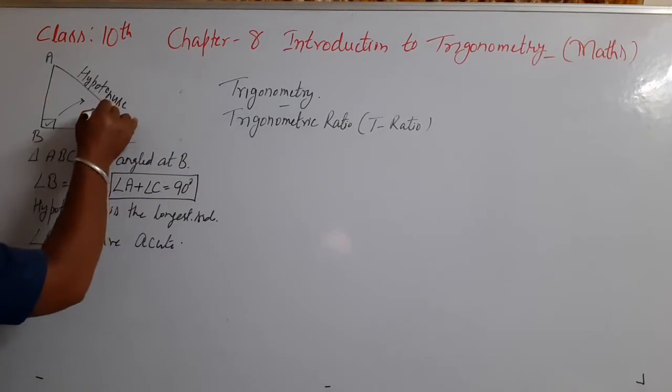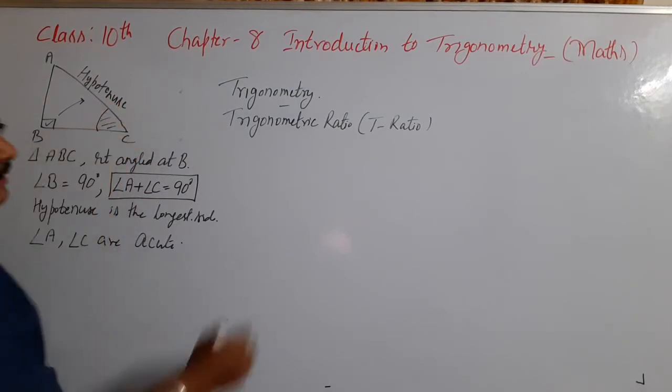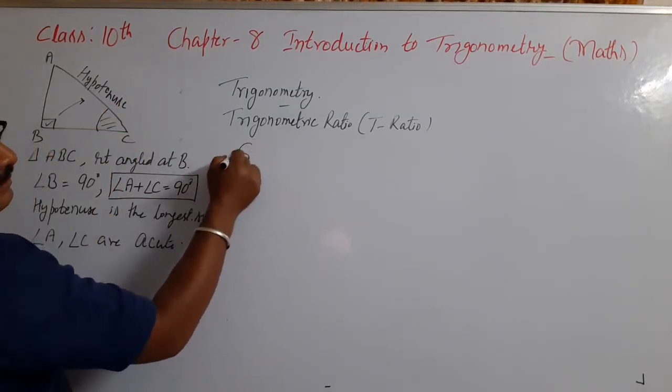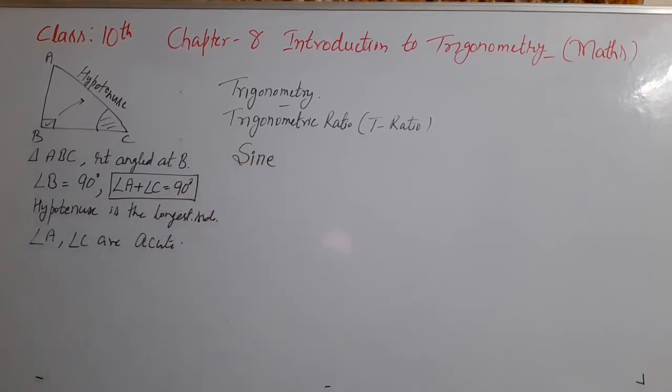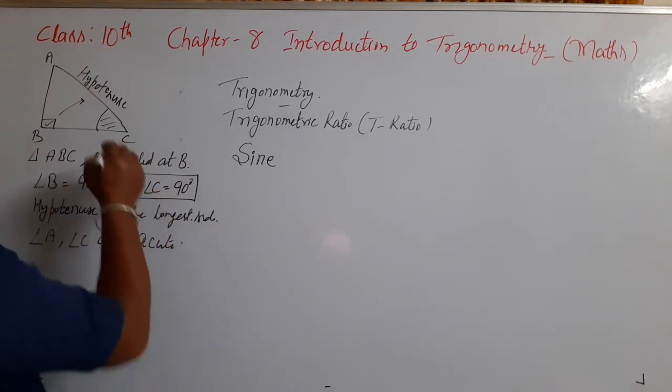I am taking acute angle C. Sine is the first trigonometric ratio, and we always find a trigonometric ratio with respect to an angle.